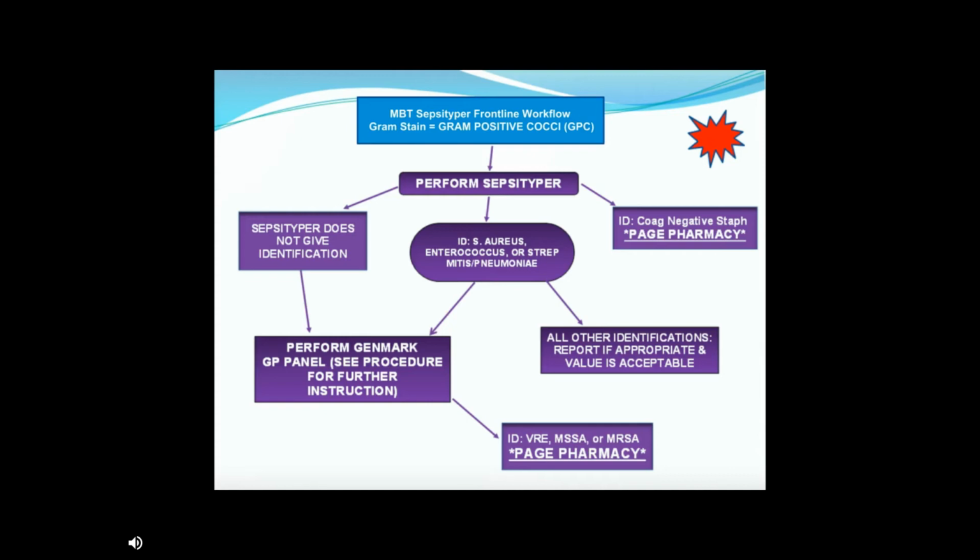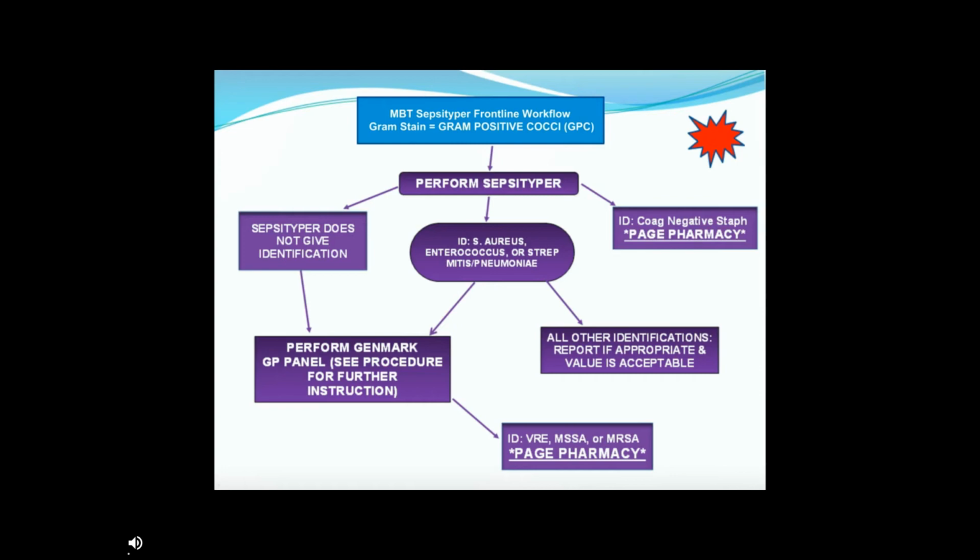If the Sepsityper does not give us an identification, we will do the extraction. If we still do not get an identification, then we will put it on our molecular instrumentation to see if we can get an identification. If it is a coag-negative staph, so the Sepsityper gives us any type of coag-negative staph, then we just stop there. There's no need for us to put it on our molecular instrument, and we will page pharmacy at that point to let them know that it is a coag-negative staph.